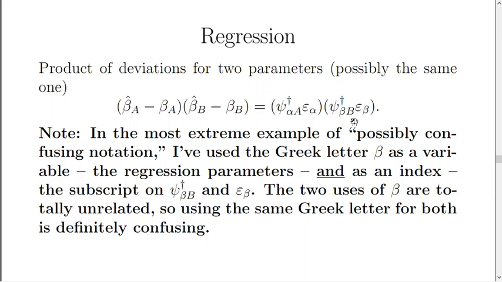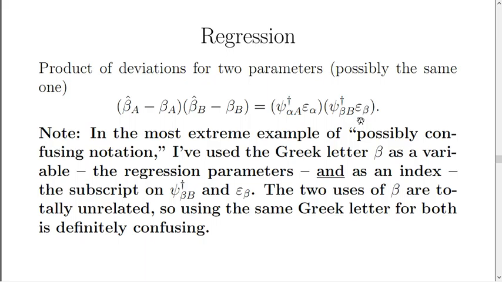I have used the Greek letter beta as a variable. I've been using it all along to indicate the parameter values, but I also used it as a subscript, an index value, here on psi dagger sub beta b and epsilon sub b. Those two uses of the Greek letter beta have no relationship to each other, even though they're the same Greek letter. It really is an abuse of notation.